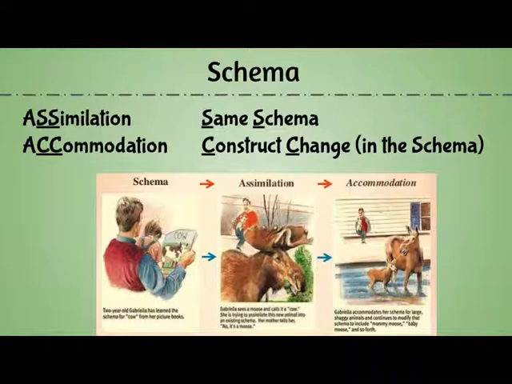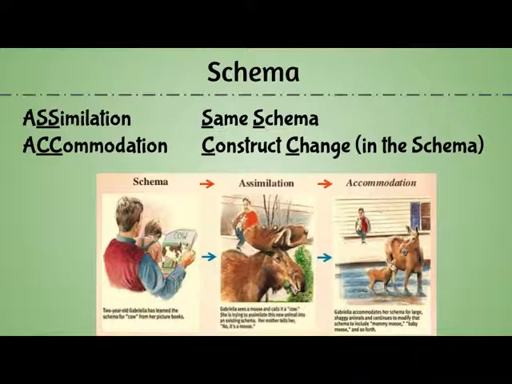I did find some cool ones for development too, which I was excited about. The schema is a mental construct, and this is Piaget. I feel like we really tend to see these on the test. Assimilation, think of the S's: same schema. I have a picture of a kid looking at a book of a cow.